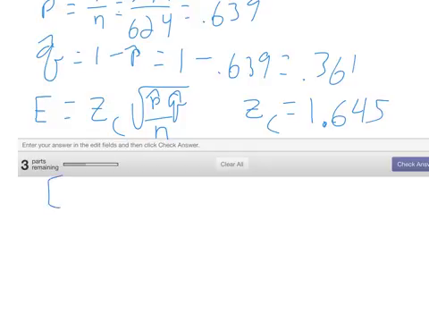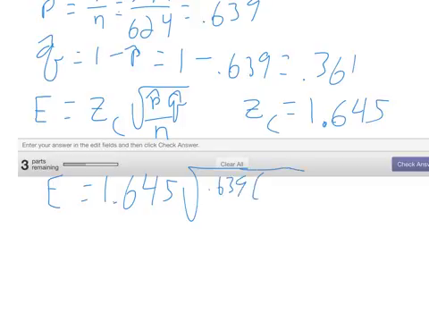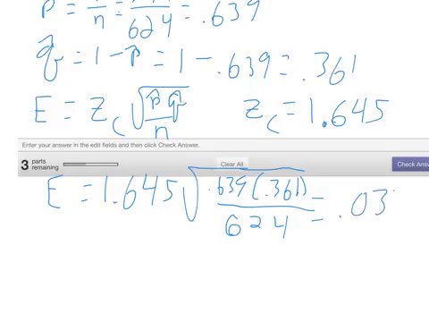So the margin of error here would be 1.645 times the square root of p hat, which is 0.639, times q hat, which is 0.361, over n. That's how many people were in the sample, the 624. And so the margin of error comes out to 0.032 when you put that in your calculator.